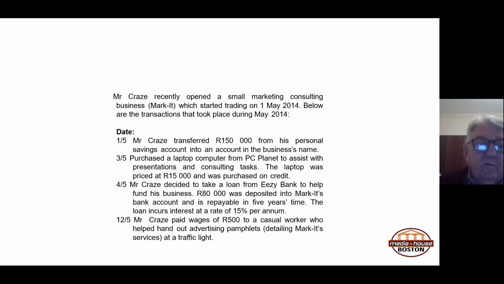So if you look at the transaction, what happened? We analyze it. Mr. Craze, that's the owner, transferred 150,000 from his personal savings account into the account in the business's name. So first of all, there's money coming into the business. So we know we're going to debit our assets. And where did it come from?